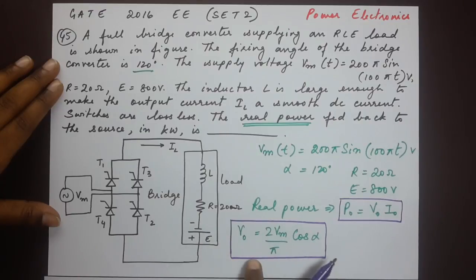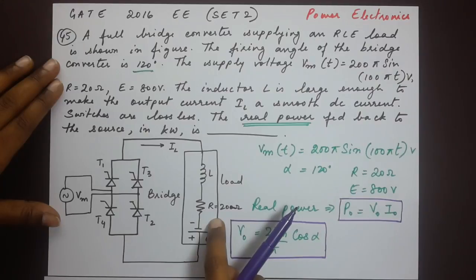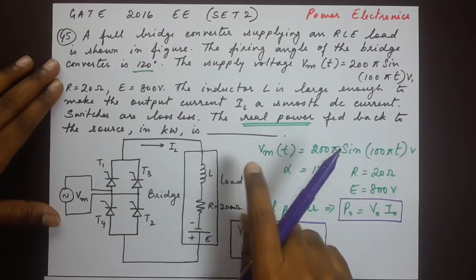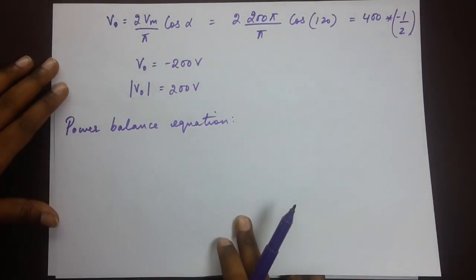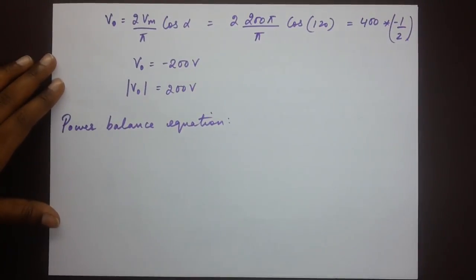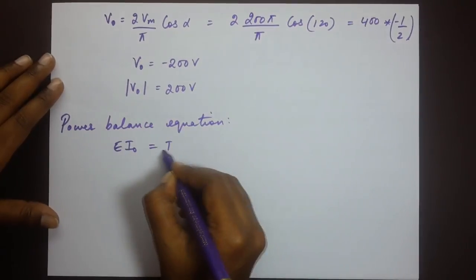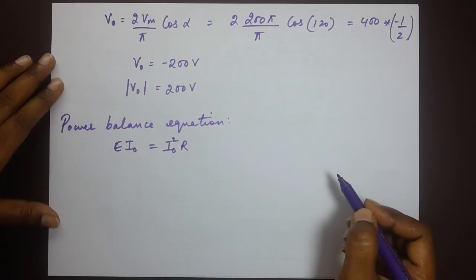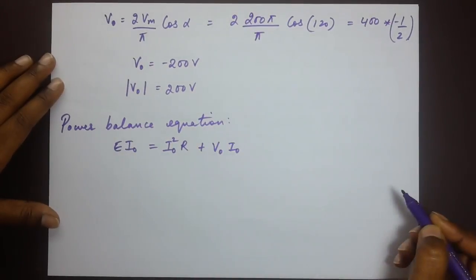So the power balance equation would be E times the output current I naught, and the power dissipated by this resistor here, plus the real power V naught I naught. Okay, so I'll write that down here. E into I naught is equal to I naught square R, that's the power across the resistor, plus V naught I naught, the real power.